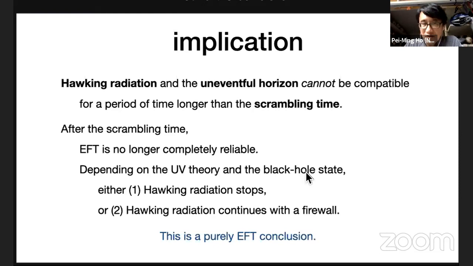Right, so you mean before the effective field theory breaks down, you have some high energy particles, so you can bring out some information of the collapsed matter. But afterwards, maybe Hawking radiation stops, and then there is no need to bring out all the information. You just get a classical black hole.